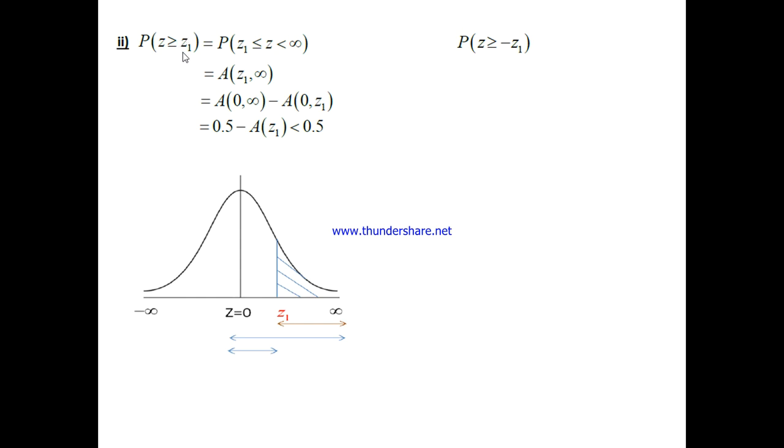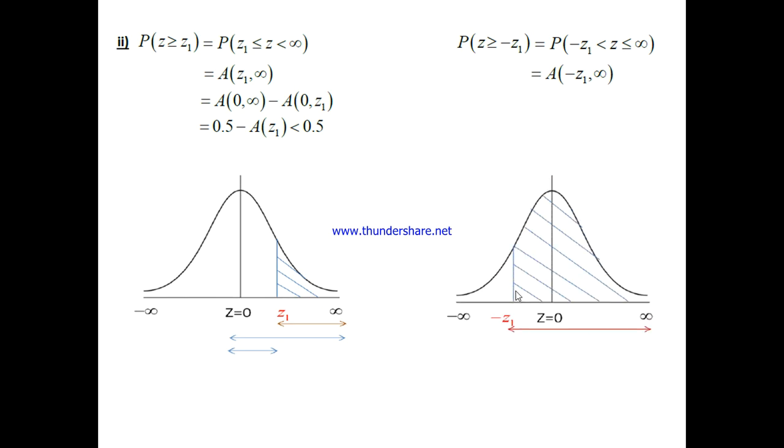And in place of this z1, if it is minus z1, then our z can take any value between minus z1 to infinity. That is the area under the standard normal curve from minus z1 to infinity. Simplify this as minus z1 to 0, then 0 to infinity.